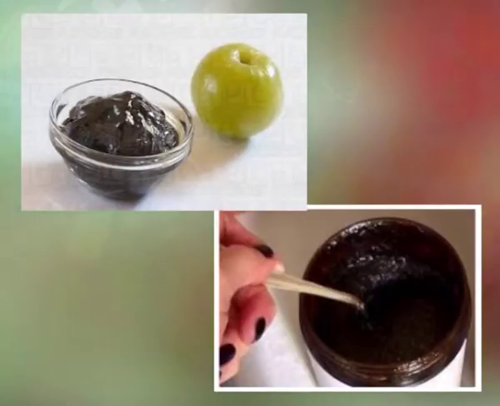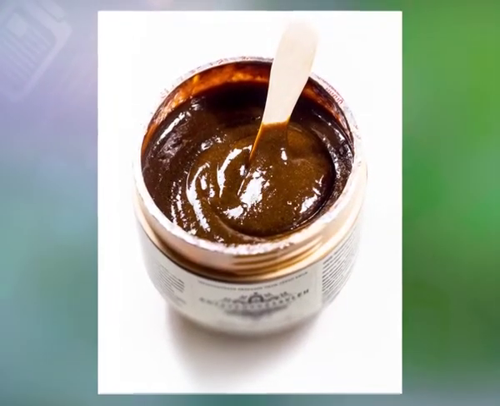Now we are coming to preparation and standardization of some important dosage forms, avlehas and churnas. Avleha kalpana is another type of semi-solid preparation which is prepared either by adding jaggery or sugar and is boiled with a prescribed drug, decoction of drug or its juice to get a semi-solid preparation known as avleha.